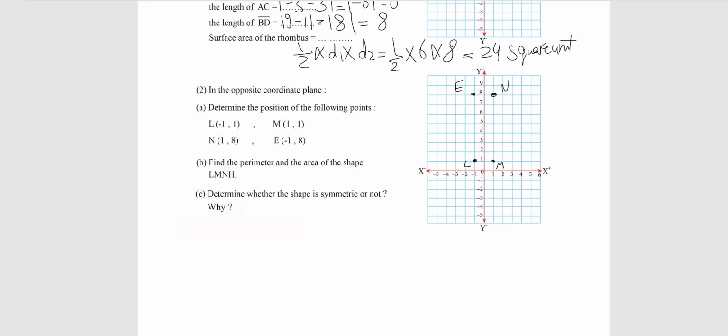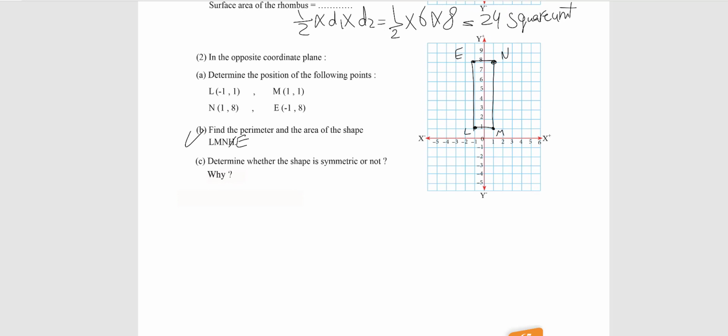Find the perimeter and the area of the shape LMNE. Here it is E, not H. So we connect L, M, N, E. If we want to find the area, this shape is a rectangle, and the rectangle's area equals the product of its dimensions.